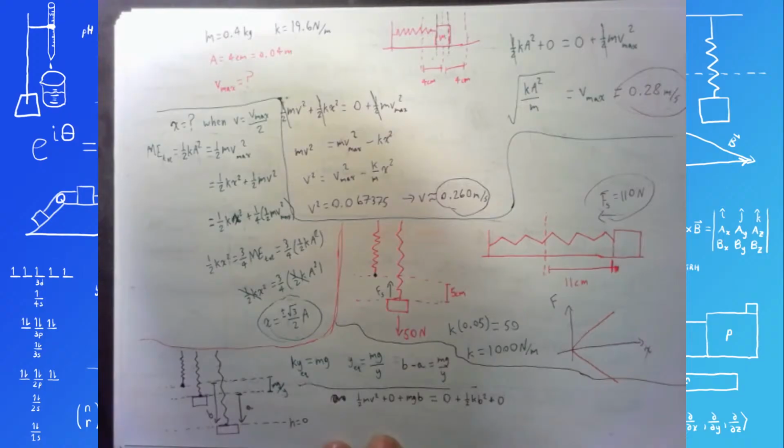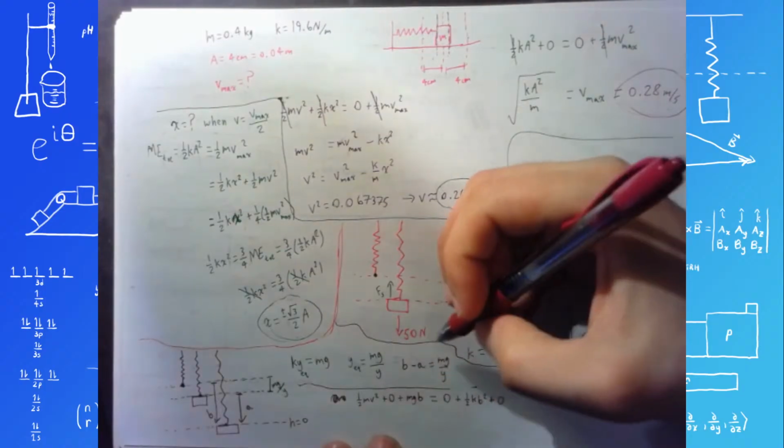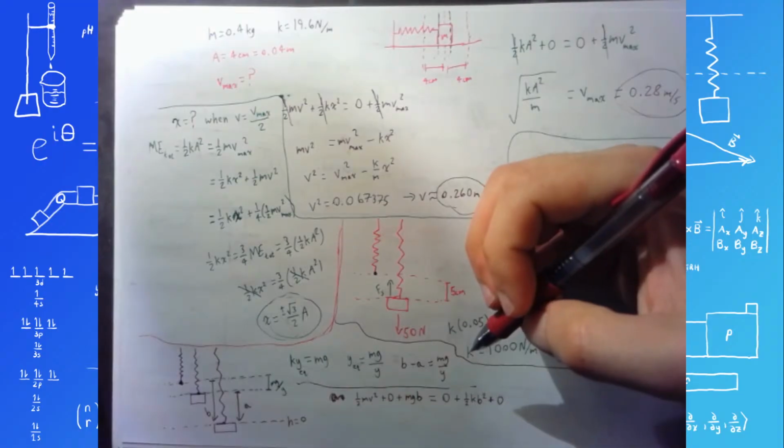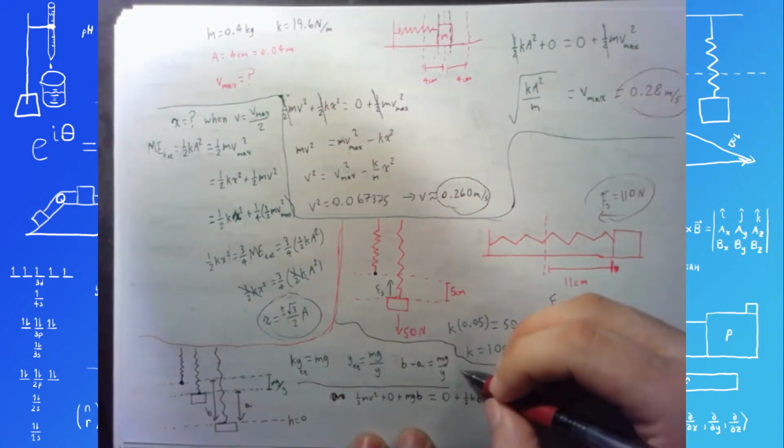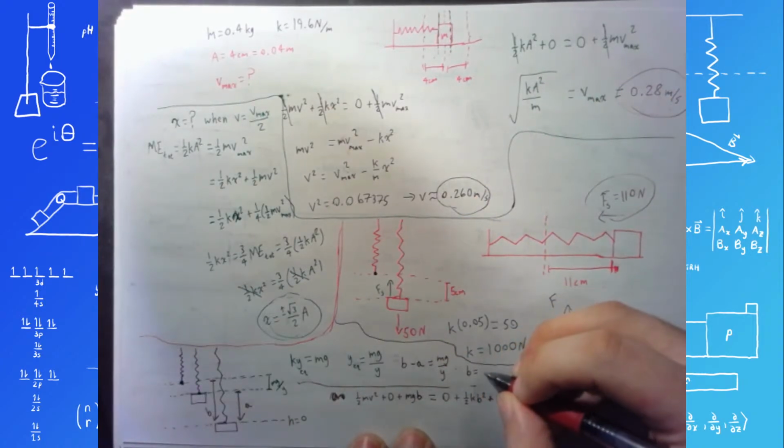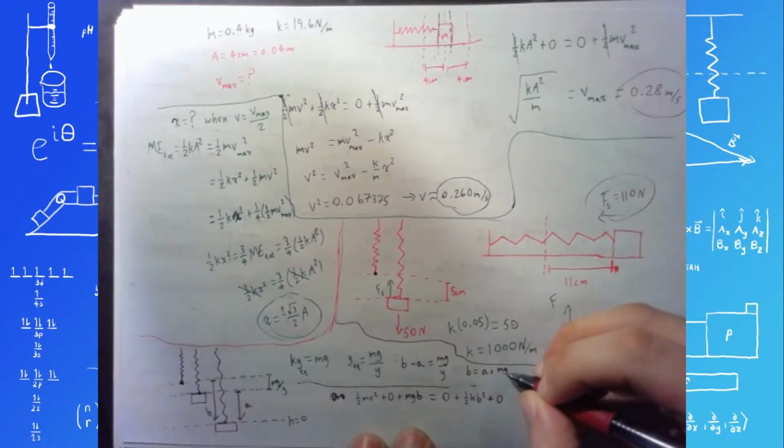So we said b minus a is equal to mg over y. So I can actually rewrite this as b equals a plus mg over y.